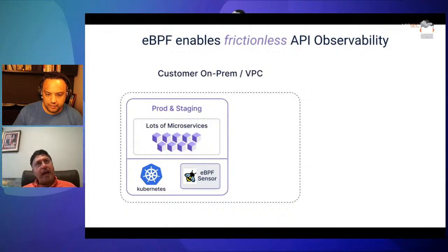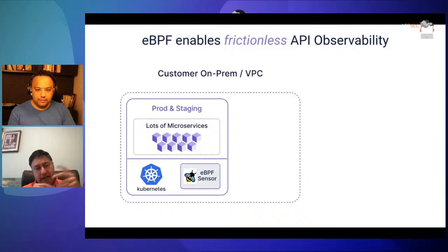Because many AppSec companies claim to provide API observability, and they do provide API observability to some extent. And how do they do that? It's largely using RASP agents. RASP agents are nothing but an agent that gets injected into your Java code at runtime or a .NET code at runtime, or they will provide what is known as sidecar proxies, which are man-in-the-middle proxies, so reverse and forward proxies, or they will provide SDKs that developers have to embed as part of their application development process.